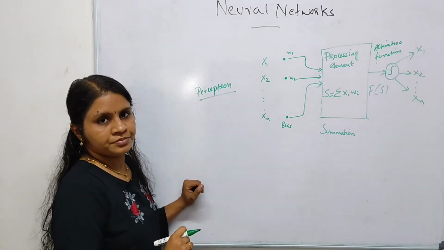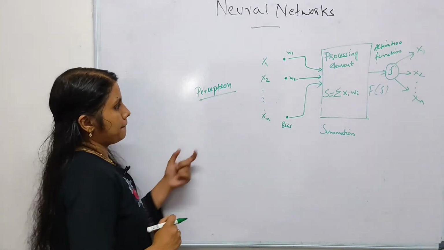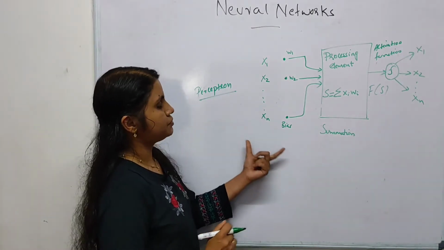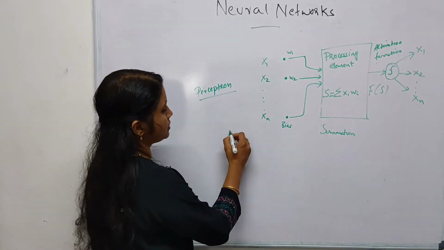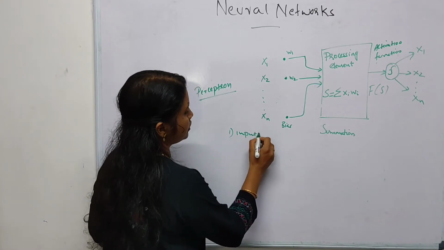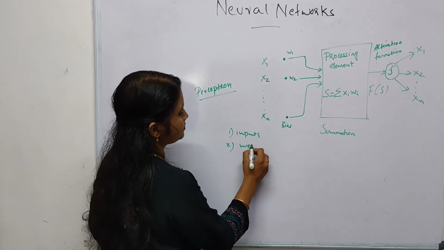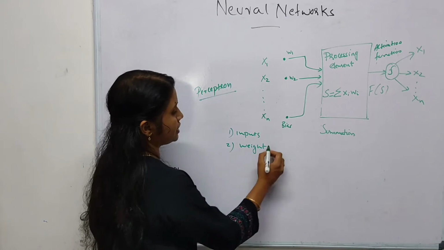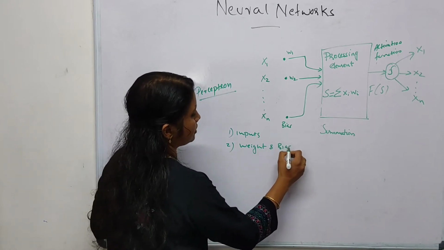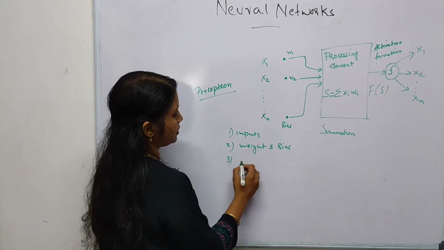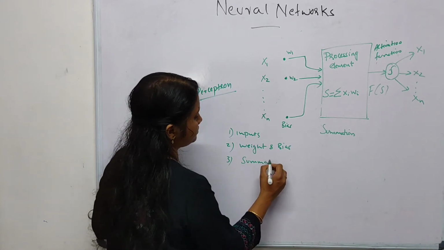It is the neuron. Coming to the structure, there are several inputs, then weights and bias, and third, a summation function.